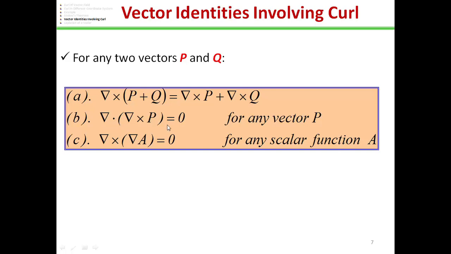That means del dot del cross P is equal to 0, where P is any vector field. And the third identity is the curl of the gradient of any scalar function is 0. That is del cross del A is equal to 0. That means the curl of the gradient of a given scalar function will provide 0.